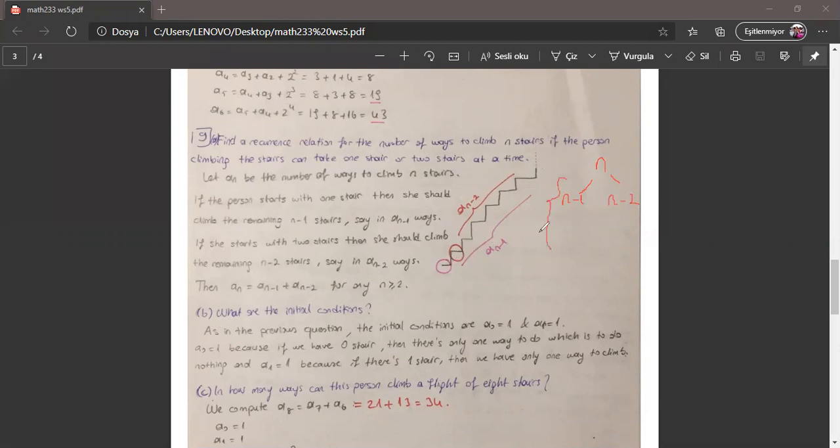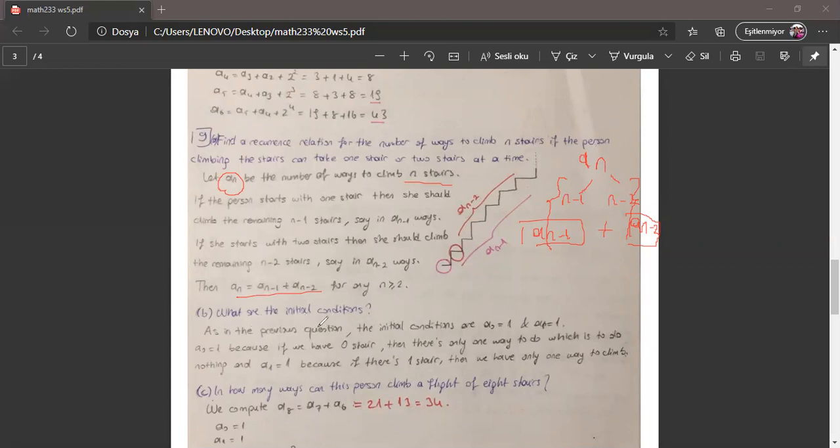So the number of these is a sub n minus 1, and the number of these is a sub n minus 2, because we consider a n as the number of ways to climb the stairs. The sum of these will give us a sub n. So this is the relation.